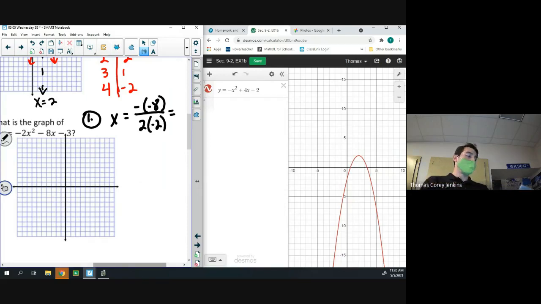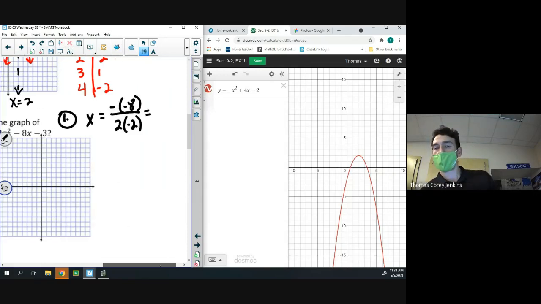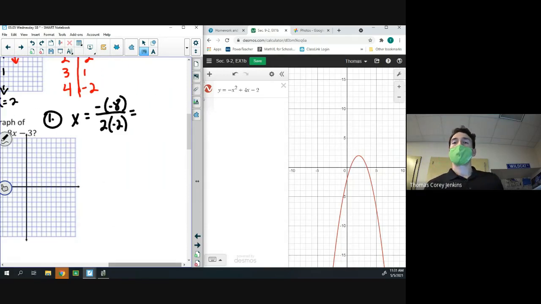All right, Robert, were you able to come up with what is our axis of symmetry? Is it x equals negative 8 over 2 times negative 2? Well, I want it worked out, so I already put what you had. Shanna, have you simplified that? Negative 8 over 2 times negative 2? Shanna?